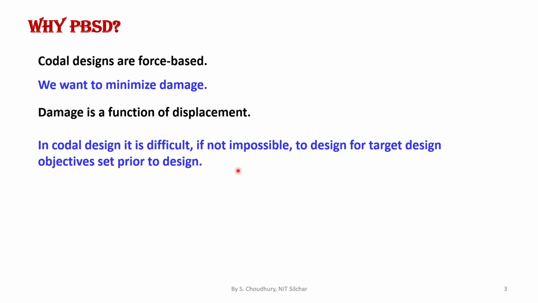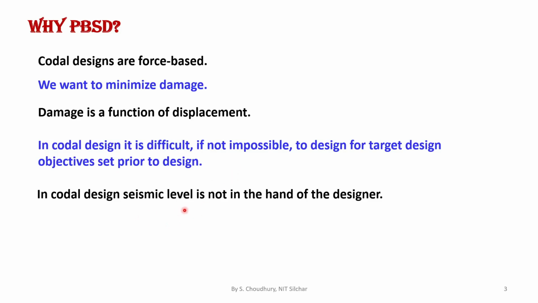So in the codal design, it is not possible to set your target design objectives a priori. In codal design, the seismic level is not in the hands of the designer. It is given in the design spectrum of the code, and depending on the zone where your structure is situated, you have to follow the seismicity level of that zone. Now, going out of the bounds of the code, I may want a very important building, say a hospital building, to be designed for a higher seismic hazard, and the code will not permit it.